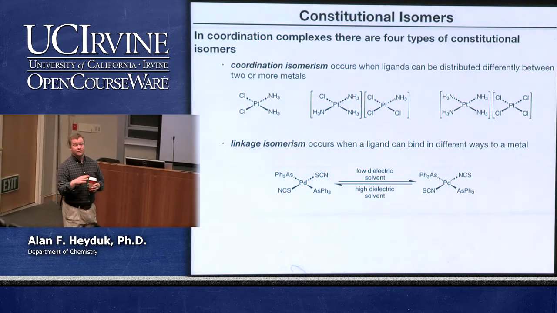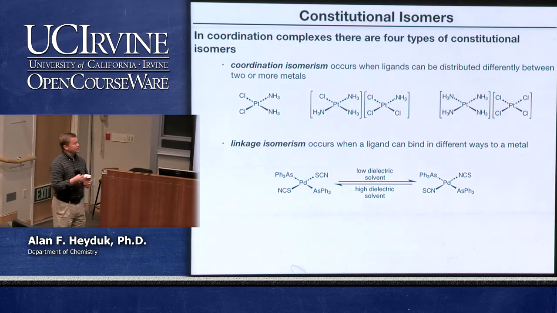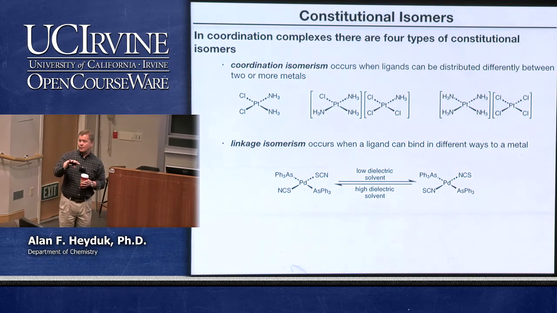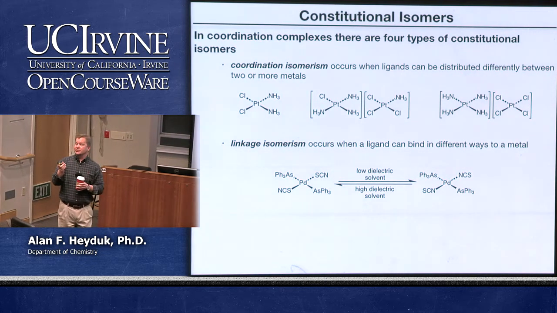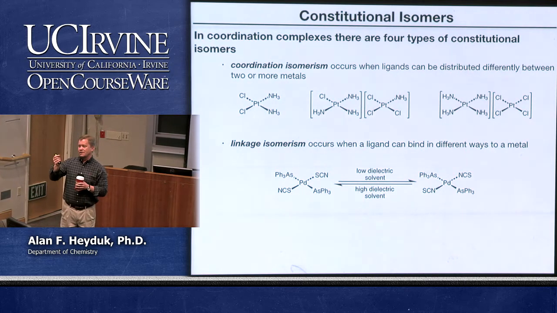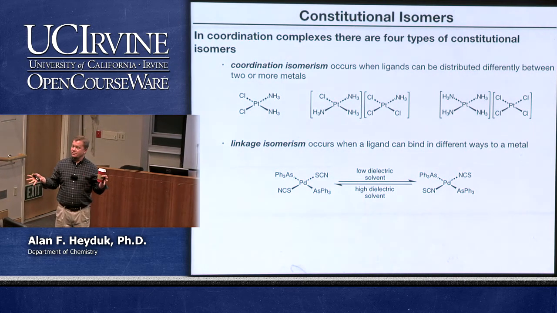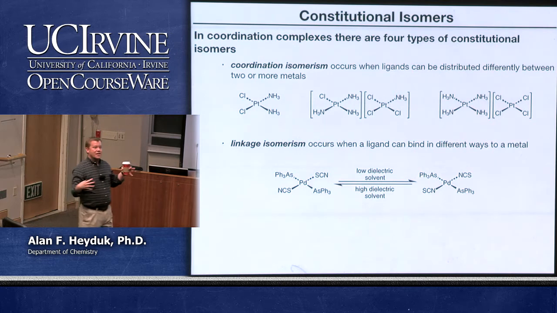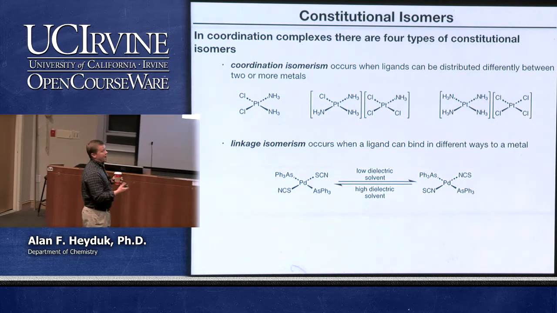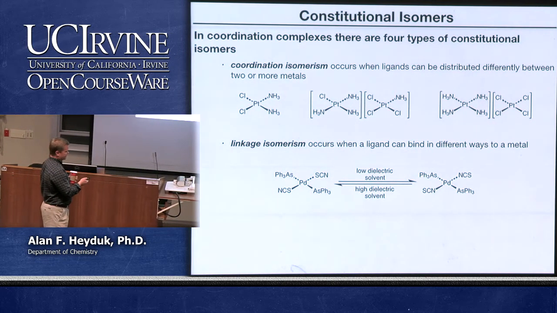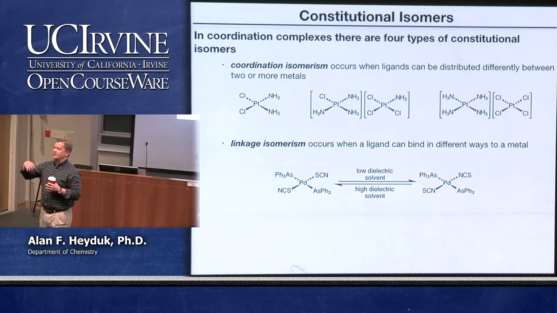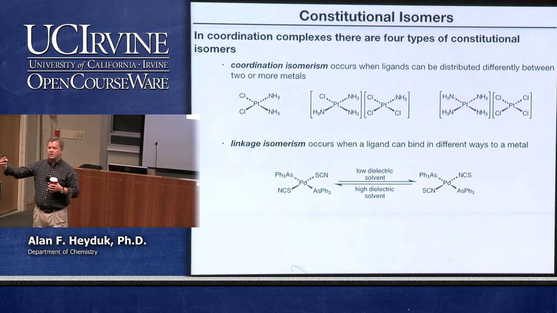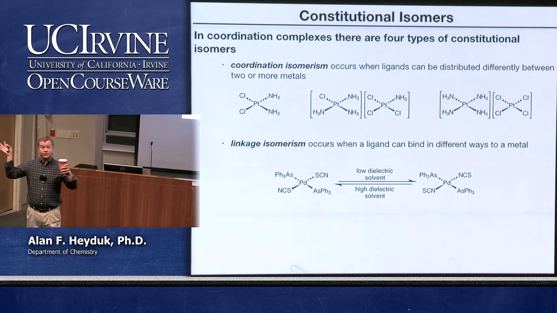And what this is really telling you is that palladium is right on that border between whether it wants a soft ligand or a hard ligand, and you can change its preference by changing the properties of the solvent around it. Okay? And what that comes down to is we have to remember that when we dissolve a molecule in a solvent, there's all kinds of interactions between the solvent and the portions of the molecule that are sticking out.